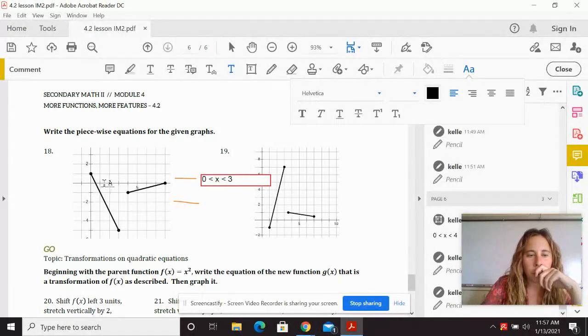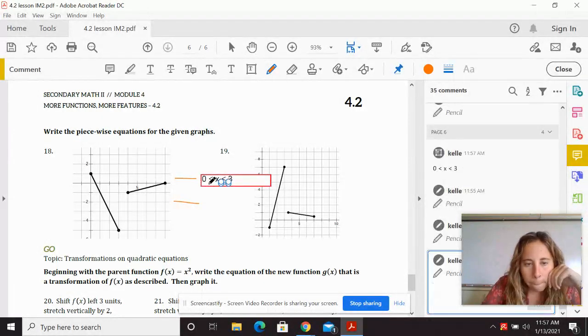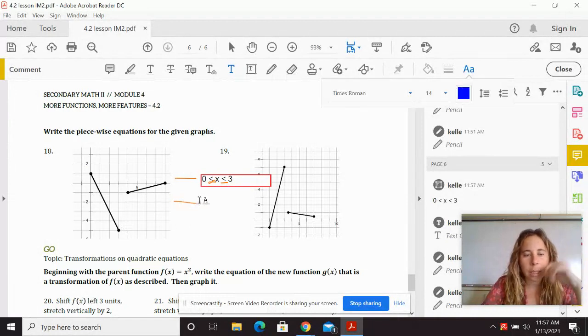X is 0, 1, 2, 3. There we go. Sorry. X is greater than or equal to 0, and then less than or equal to 3. This is a 3. Then your second one starts at 4 and goes to 5, 6, 7, 8.